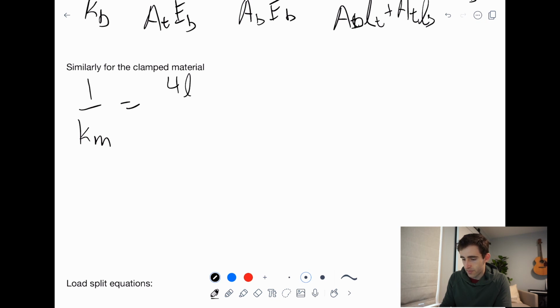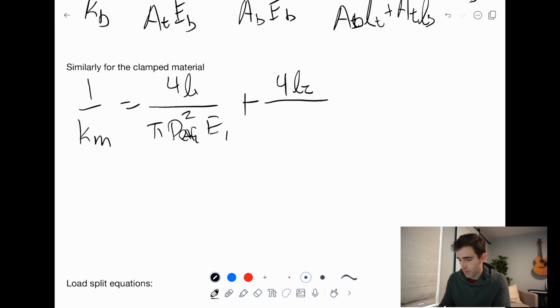where L1 is the first material, the effective diameter times the Young's modulus. And then again for the second material. So we have basically the cross-sectional area, the length of the material, and then we've included the Young's modulus.